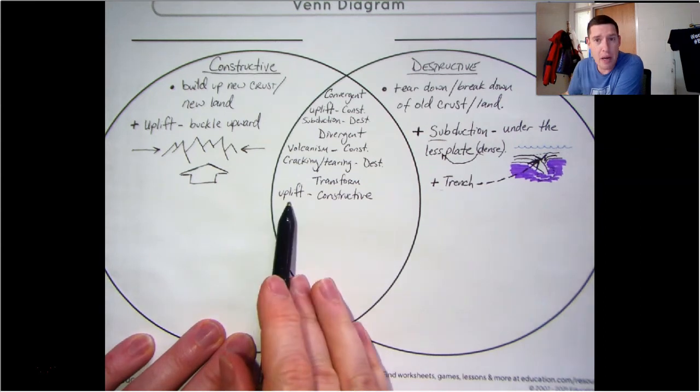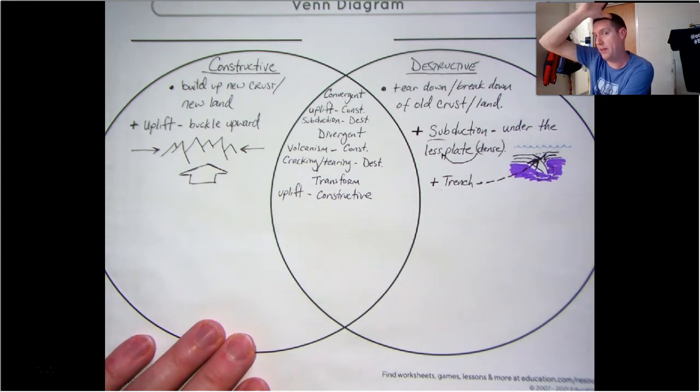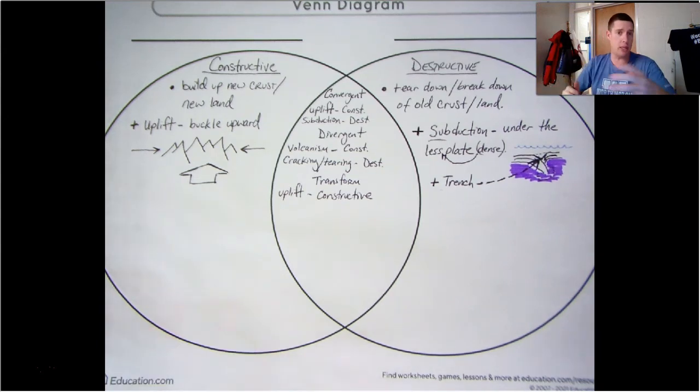Now, is it a whole lot of uplift? Are you going to get 7,000, 12,000 tall mountain ranges? Probably not. But as you saw in that picture, you're going to get some uplift that's going to create something that's not flat ground.